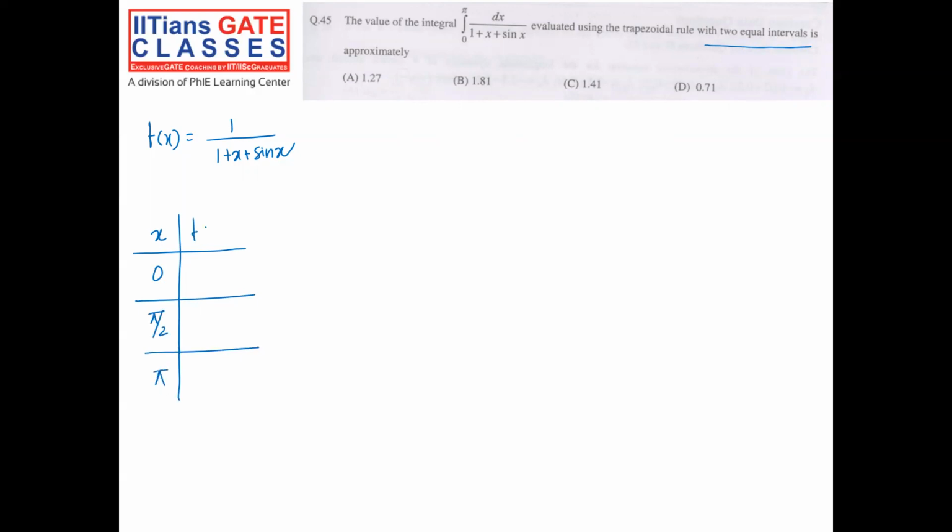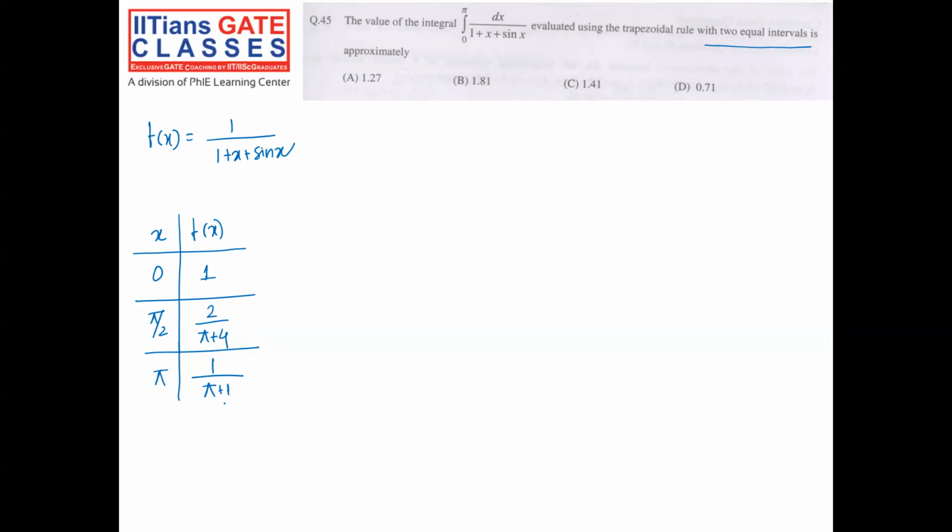And for these values of x, f of x will look like 1, 2 divided by pi plus 4, and 1 divided by pi plus 1, or 1 plus pi also we can write. So this is the given data.